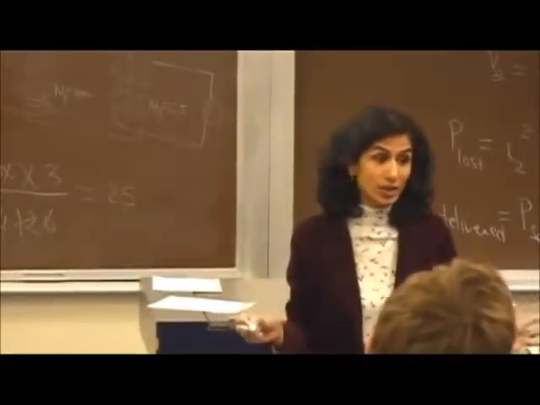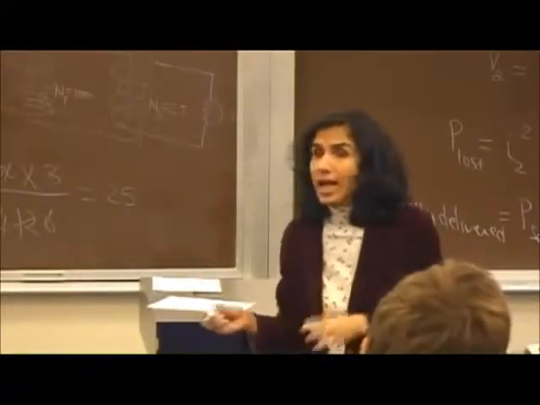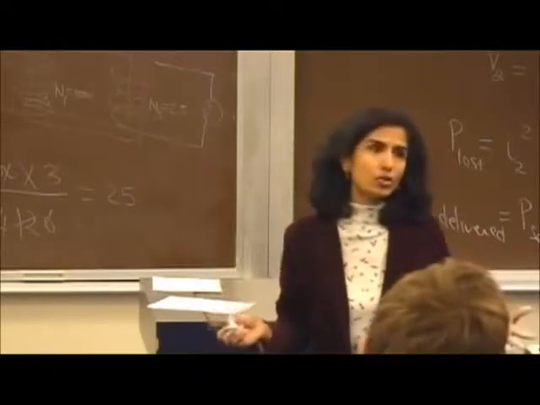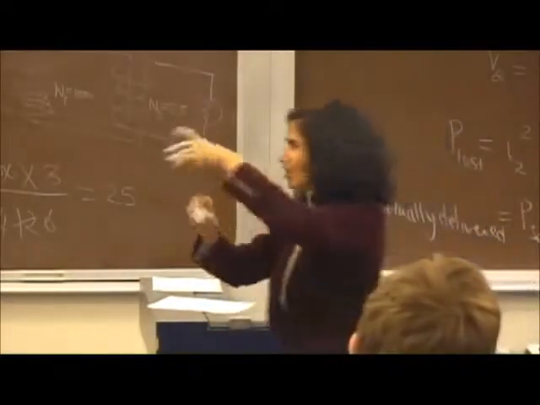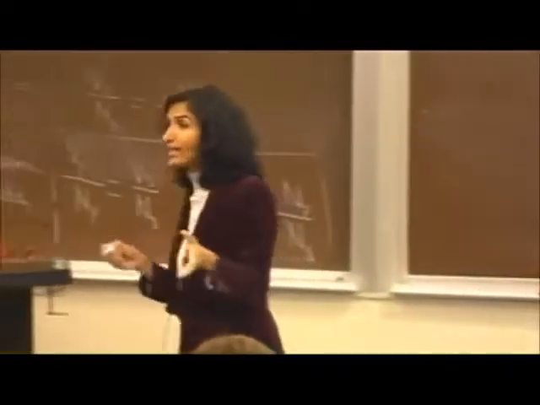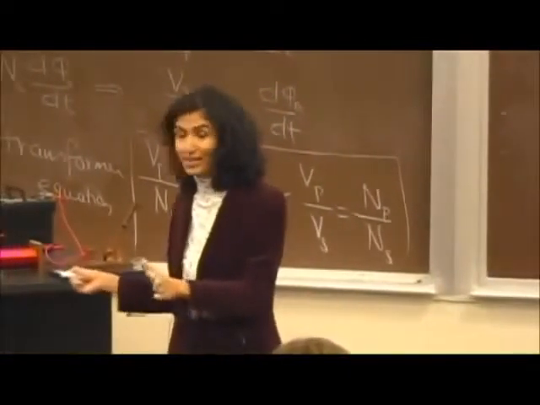You cannot create energy. So if there's a certain amount of energy coming per second from the primary, at the best, and we are going to here assume that there's no power loss or anything, if you ignore all the power losses in the coils and windings of the transformer itself, then the power in the secondary should be equal to the power in the primary, right? That would be the ideal case.